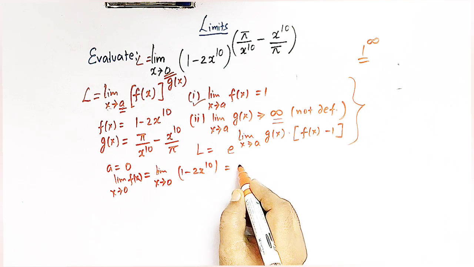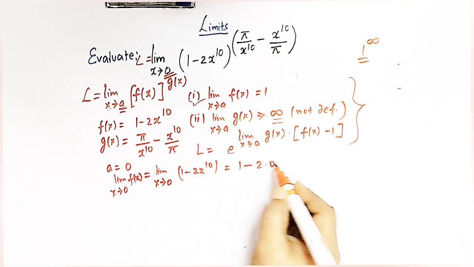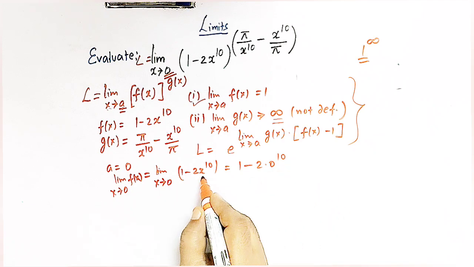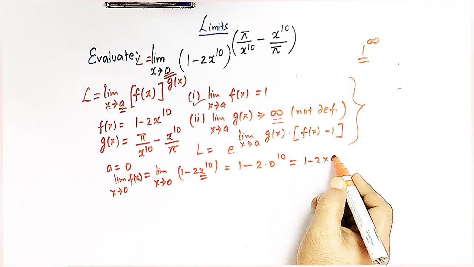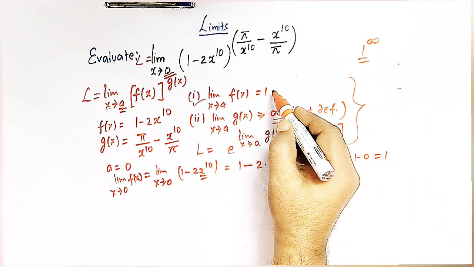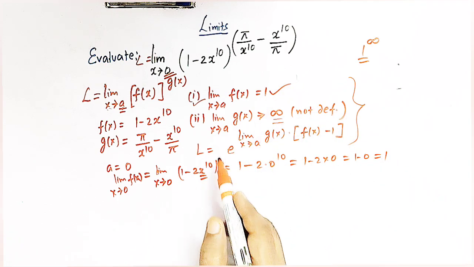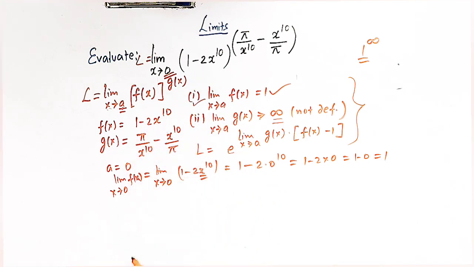So here we can see that the value of this limit is 1 minus 2 times 0 raised to 10. Here taking x is equal to 0. So this is 1 minus 2 times 0, that is 1 minus 0 is equal to 1. So this condition is satisfied by this function 1 minus 2 times x raised to 10.